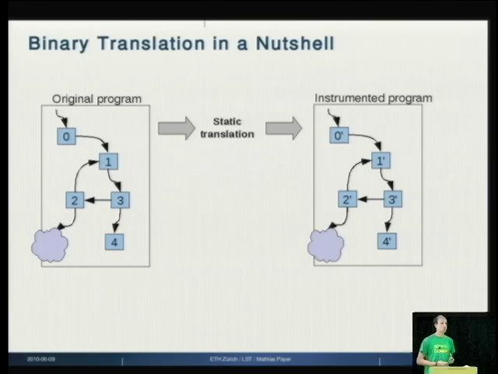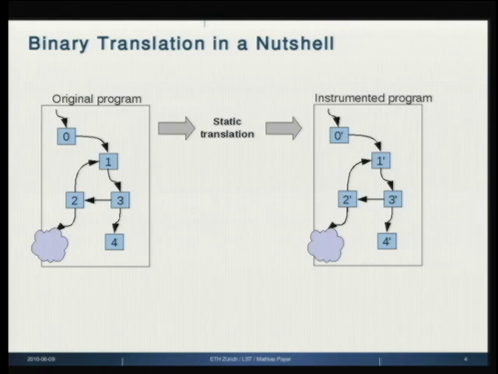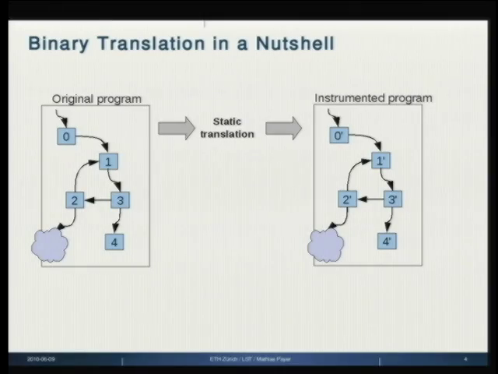So what actually is binary translation? In a nutshell, you have an original program on the left-hand side, you apply some transformation, and you get an instrumented program on the right-hand side, which will then be run on real hardware. There is static translation for one, which analyzes the original program, checks all basic blocks, translates these basic blocks, and in the end emits an instrumented program, which will then be loaded by the loader and executed at runtime.